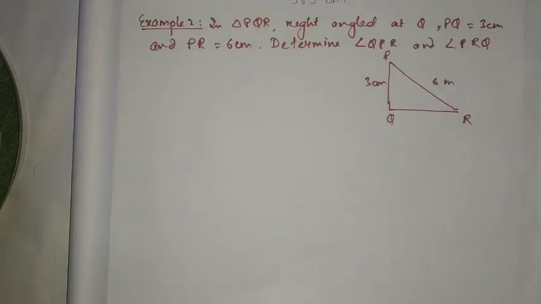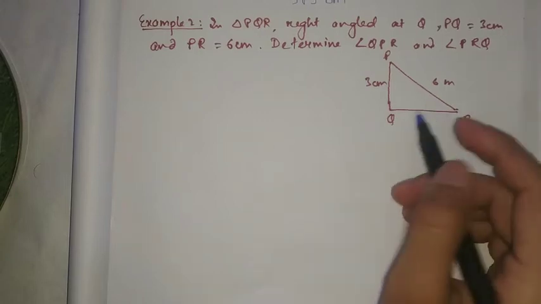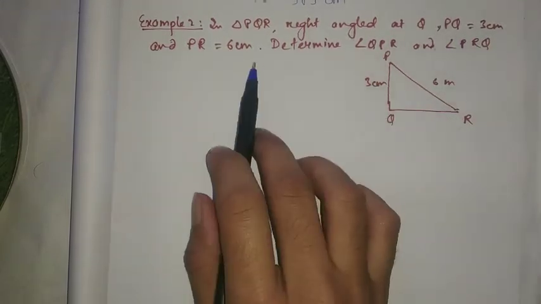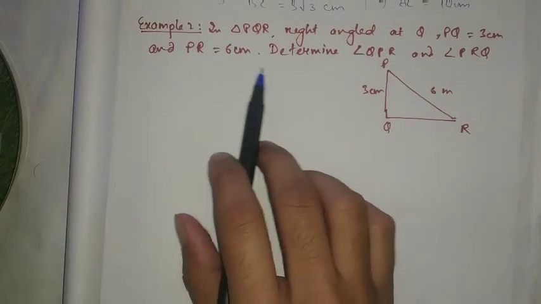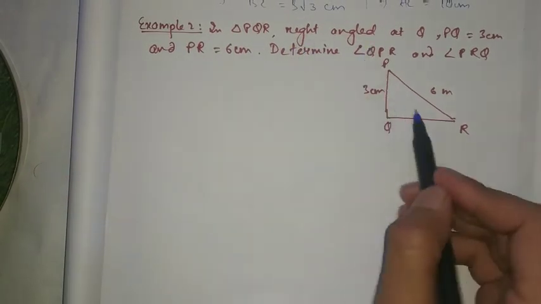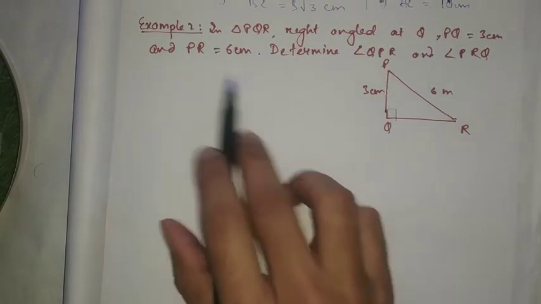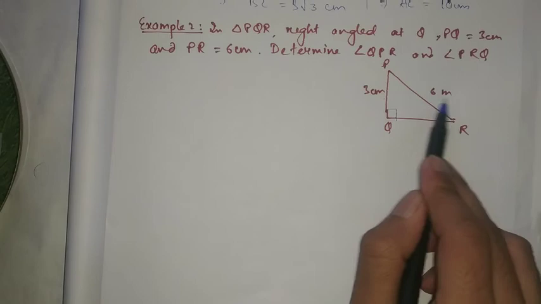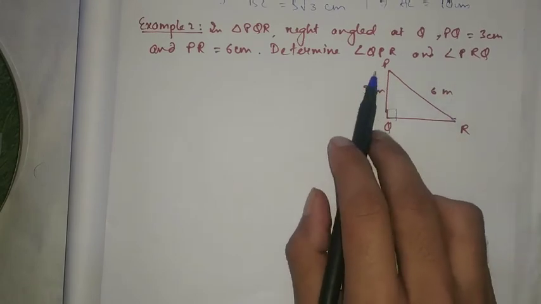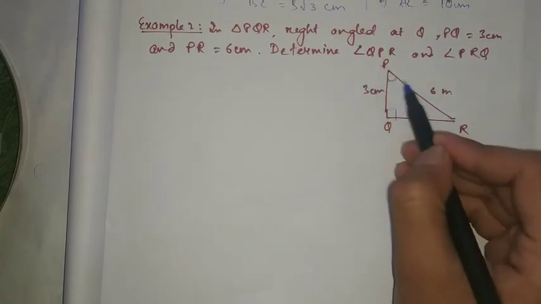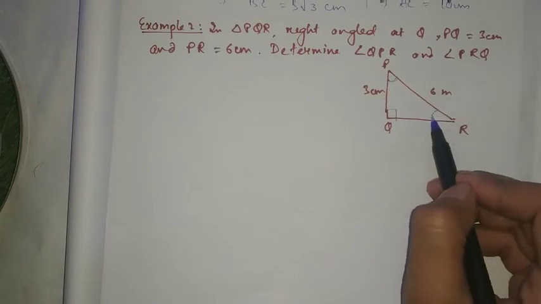Now let's move to the second example. Here also we use the trigonometric table to solve this problem. The question is: in triangle PQR, right angle at Q, the length of PQ is 3 cm and the length of PR is 6 cm, and we have to determine angle QPR and angle PRQ.